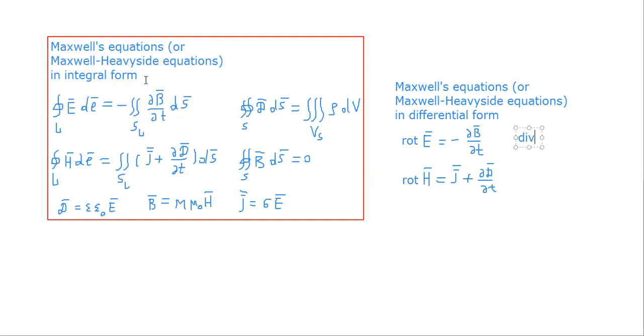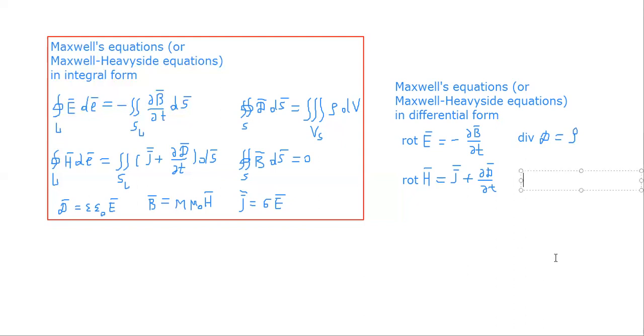So we have divergence D. Divergence D is equal to, and in the right part we write without integral, rho.